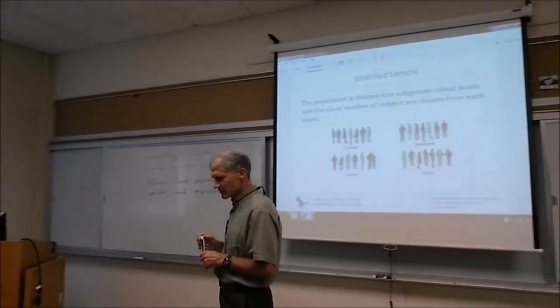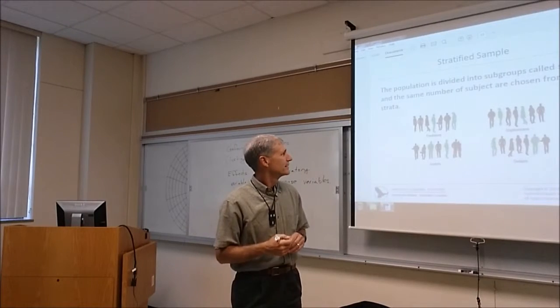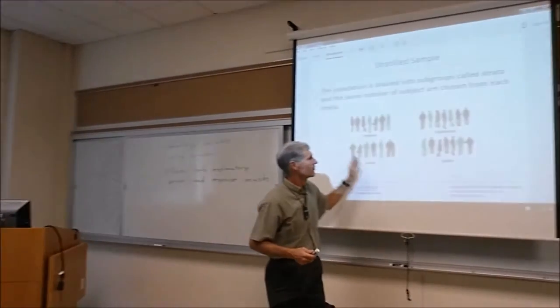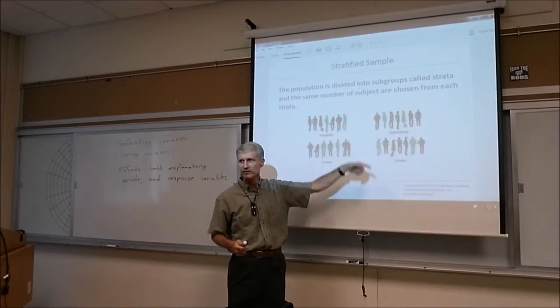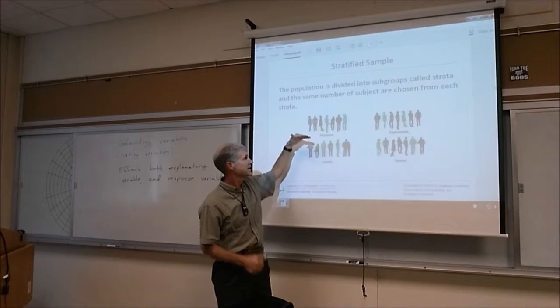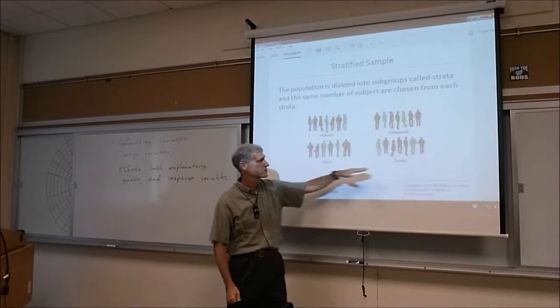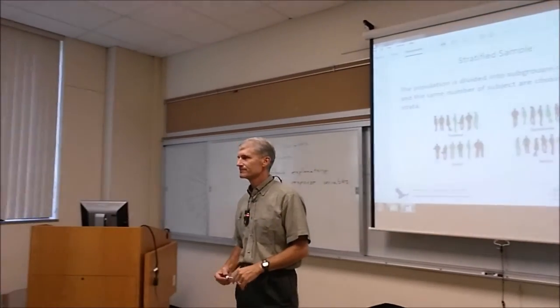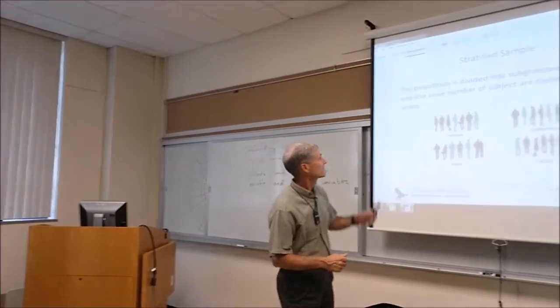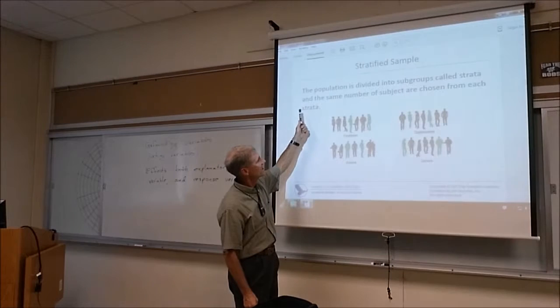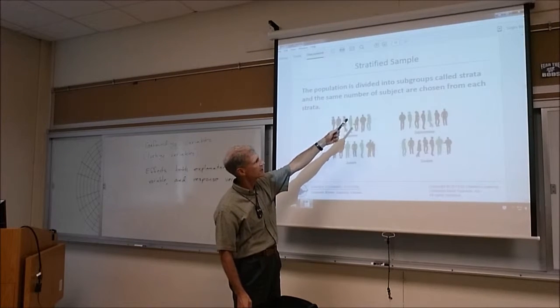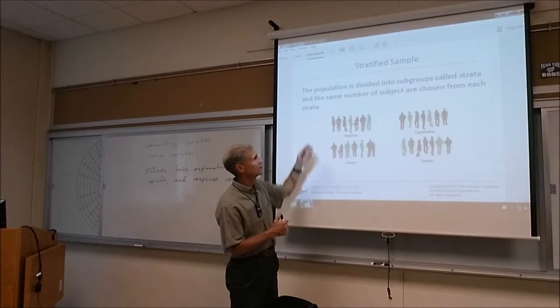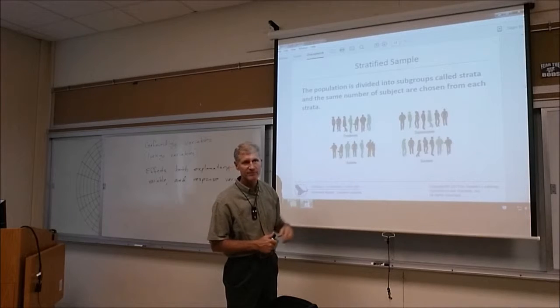So here's their example. I've got Washburn University students. Well, they naturally can be divided into freshmen, sophomores, juniors, and seniors. So those are my strata. Okay? Now, to get a stratified sample, I draw the same number of subjects chosen randomly from each of those strata.